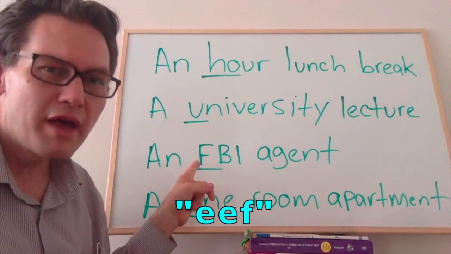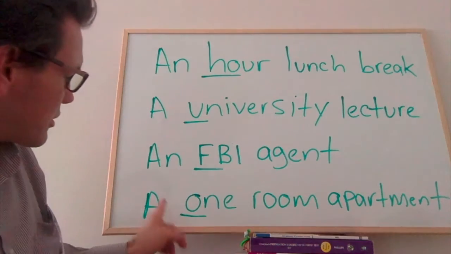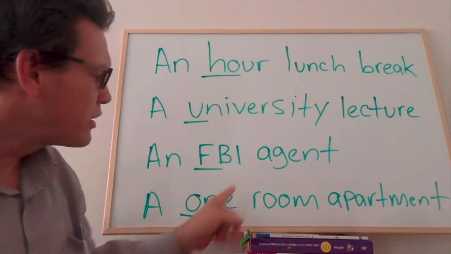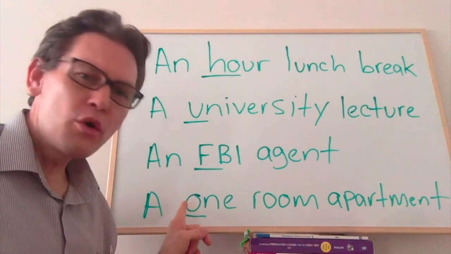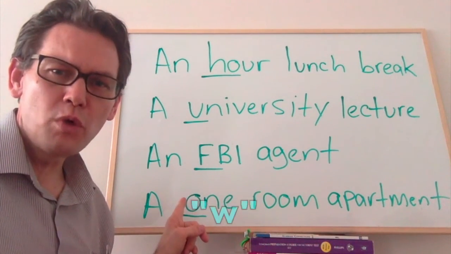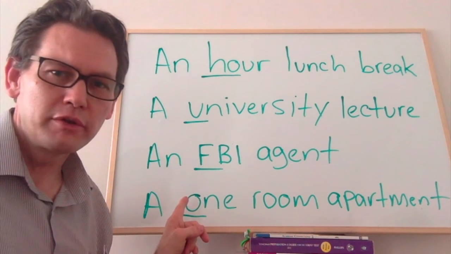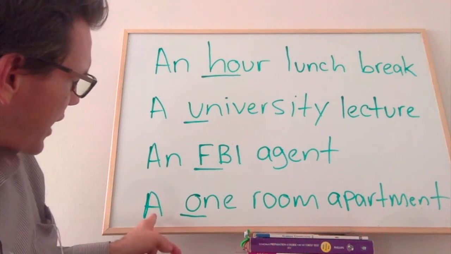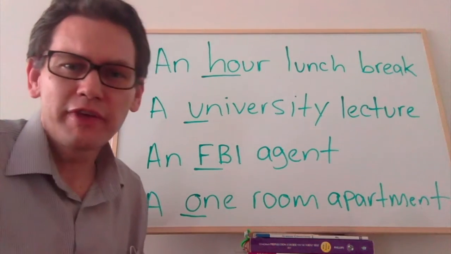Okay, it sounds like a vowel sound. Okay, the last one here, a one-room apartment. The O sounds like a W, wa, a one-room apartment. So in this case, we'd use a because it sounds like a consonant sound W.